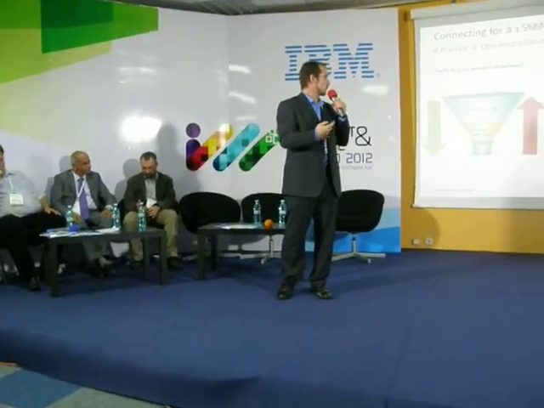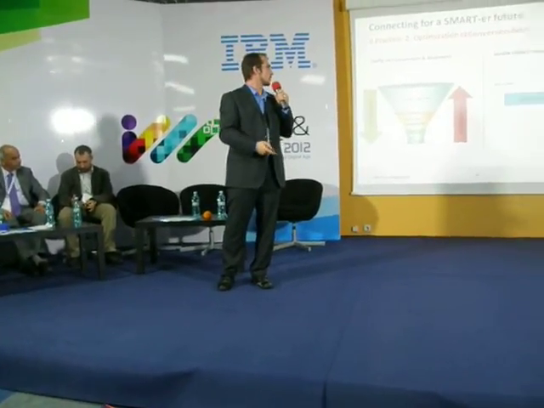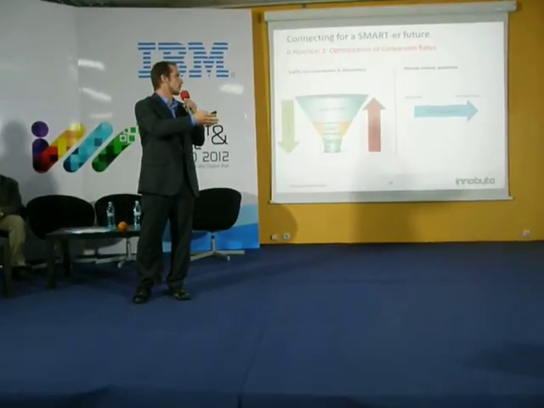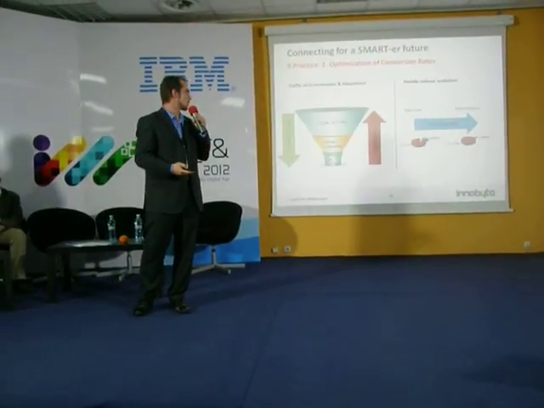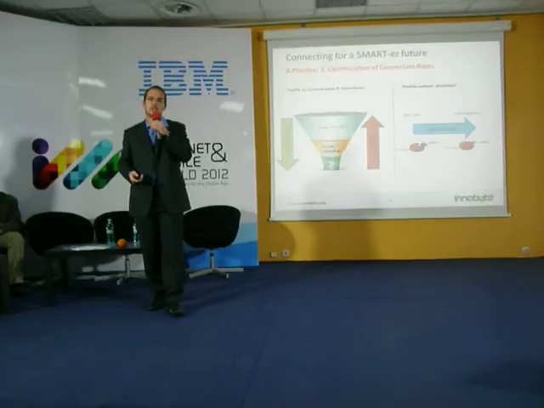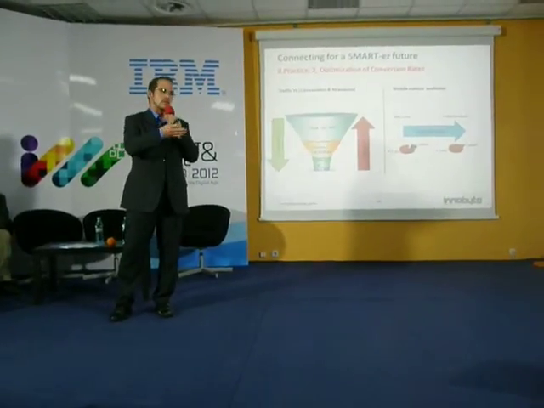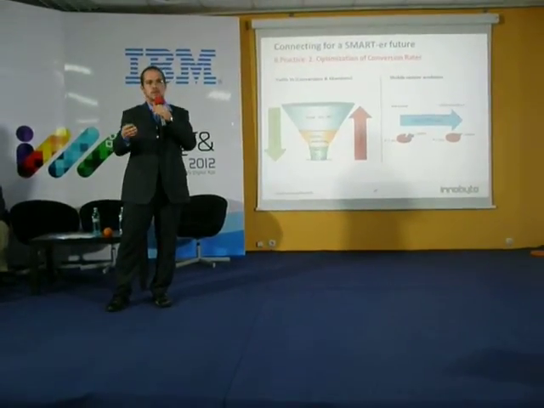Also, we found out that from the entry point to the delivery point in a sales process, there is a different split between visitors on desktops versus mobiles, for example.